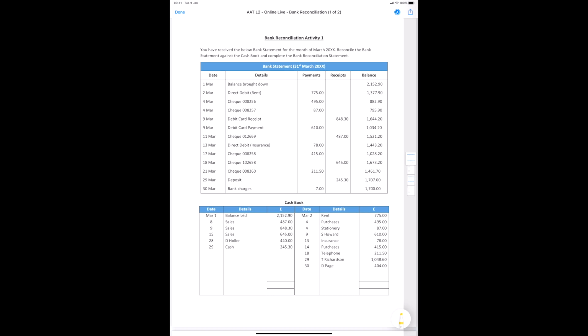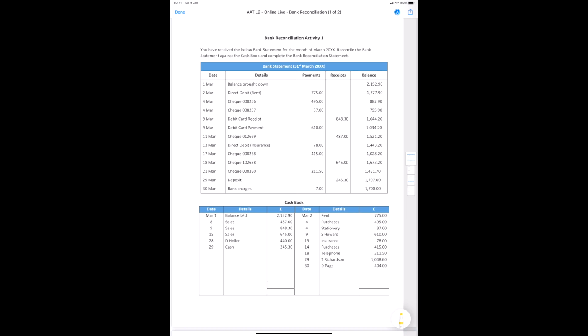Unpresented cheques will be cheques that have been sent by us, but aren't showing in the bank statement either. So it's a record which is within our cash book, but just hasn't quite come through on the bank statement yet. When we're comparing the two, we have to be able to recognize what they are to ensure that both balances match up on the documents.